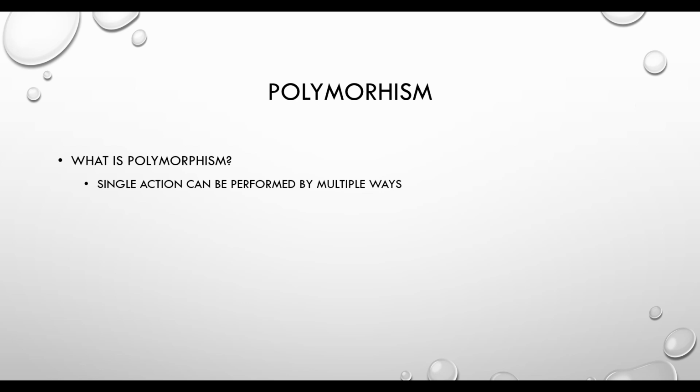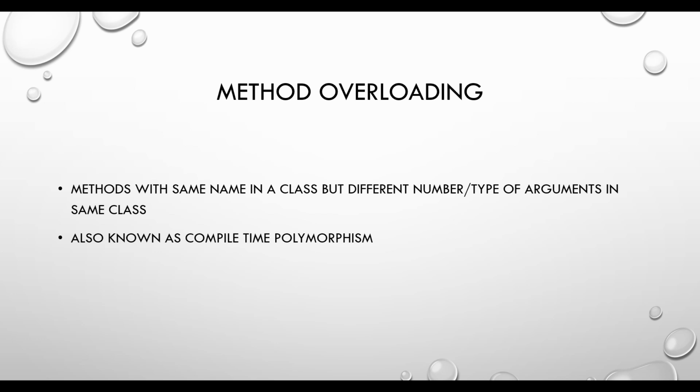This is polymorphism. In Java, we have first method overloading, which is one area where polymorphism is implemented. Then there is a second area, method overriding, where polymorphism is also implemented, right?